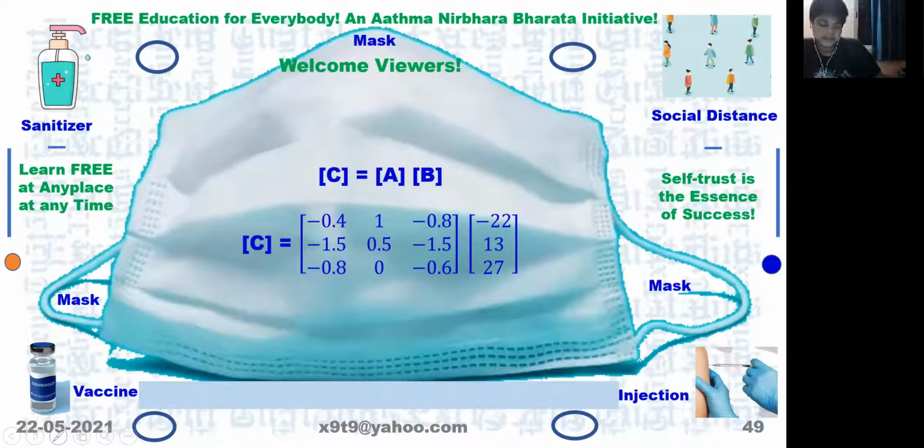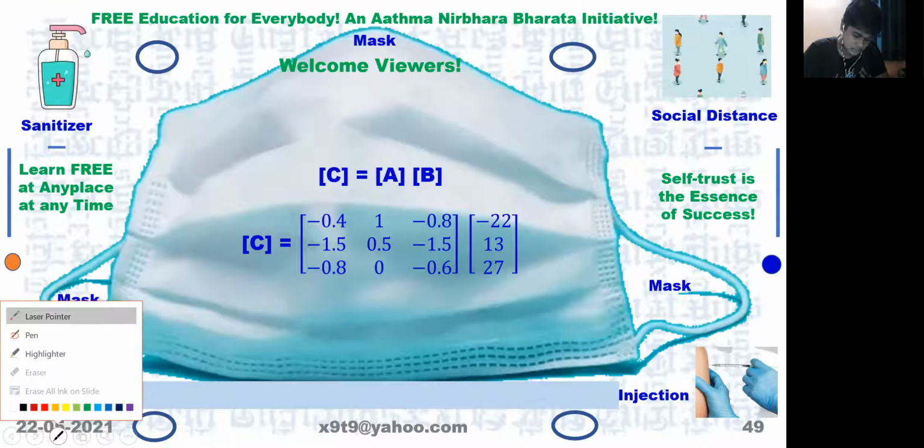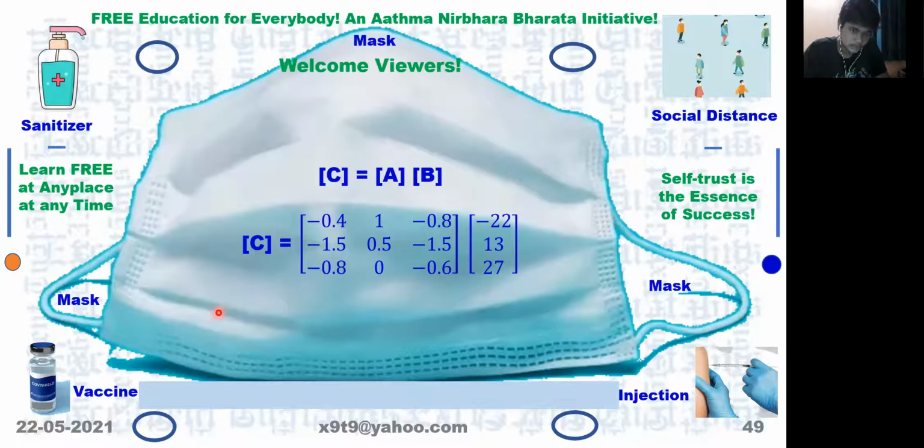Sir, C matrix size is 3 into 1. So therefore, you can write how the C looks. C11, C21, C31.